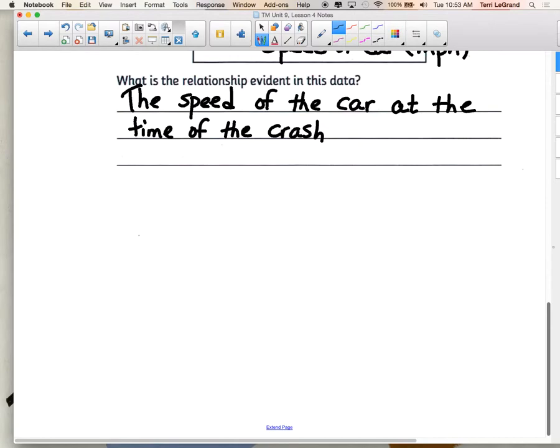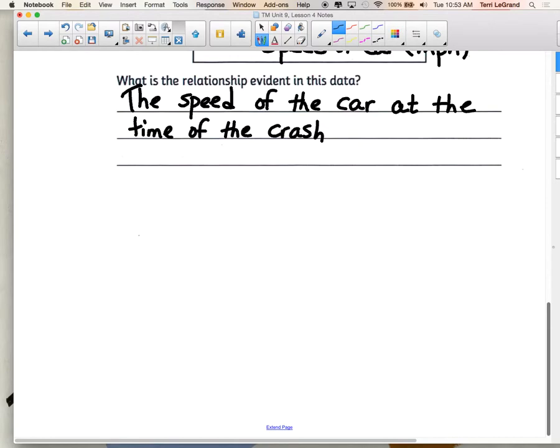So look at those ordered pairs. The speed of the car, is that your x value or your y value? That's your x value, okay. So the speed of the car compared to the inches the car length changes, what happens?